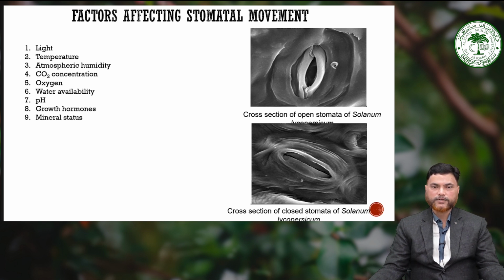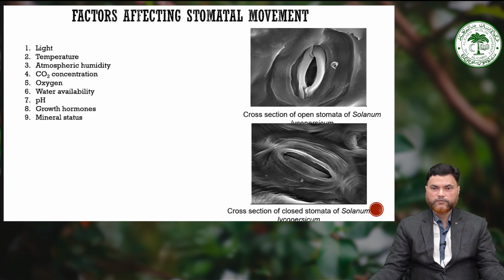Now, what is the impact of oxygen on movement of stomata? Generally, oxygen is essential for opening of the stomata. ATP is produced through aerobic respiration and is essential for opening of the stomata, and ATP is required to power the activity of potassium ion and proton pumps. These are located in the guard cells of the stomata.